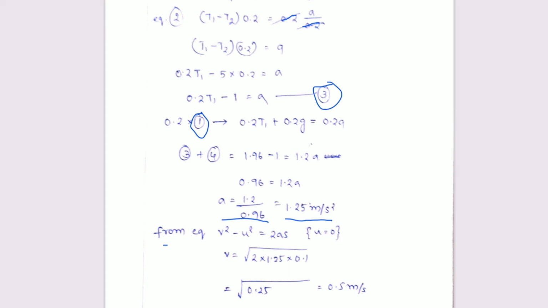From the equation v square minus u square equal to 2as, here the initial velocity is 0, so u equal to 0.